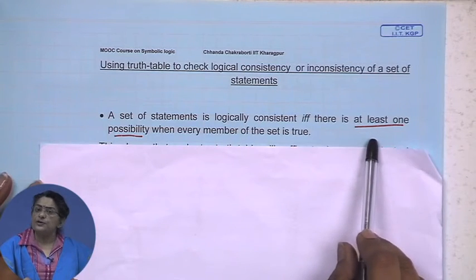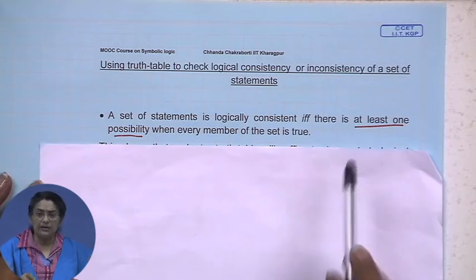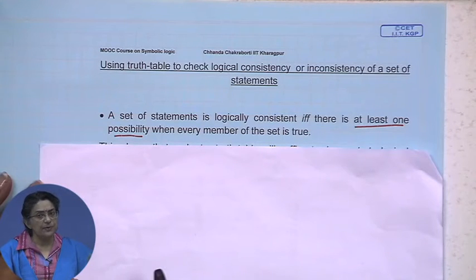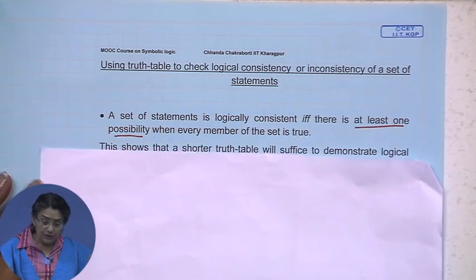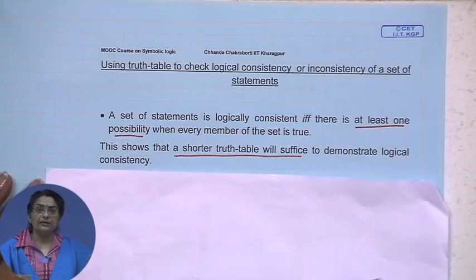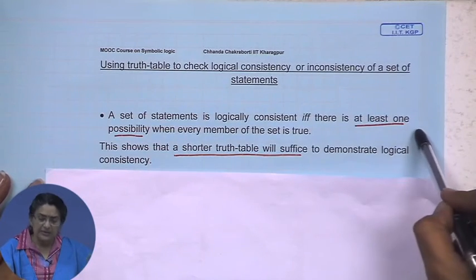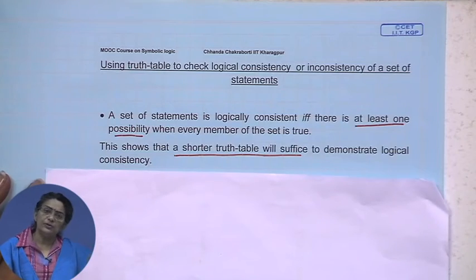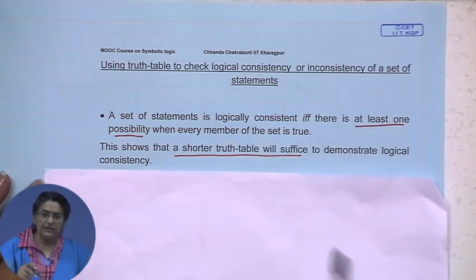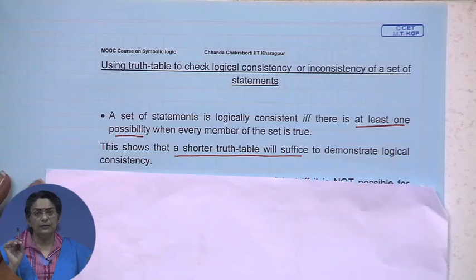How many such possibilities do you need? You need at least one such possibility. That should immediately tell you what kind of truth table you need to construct. For this task, even a shorter truth table will do, because all we need is to show one such possibility.